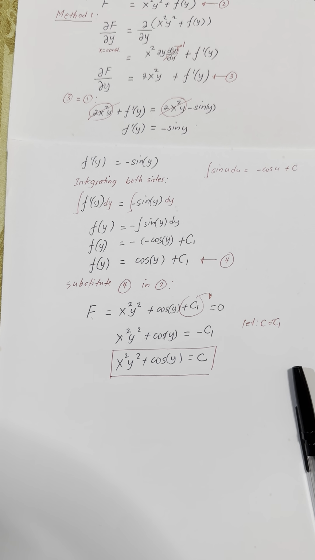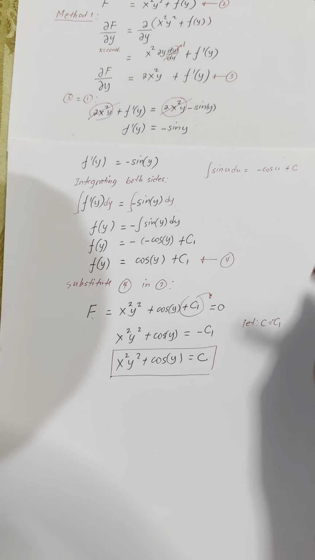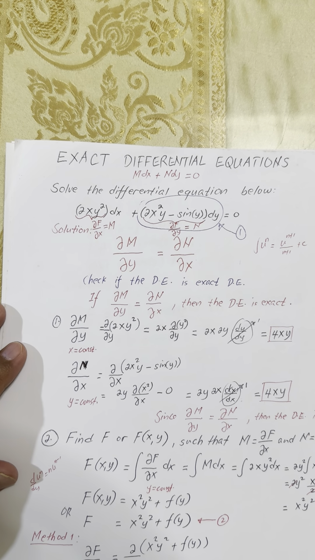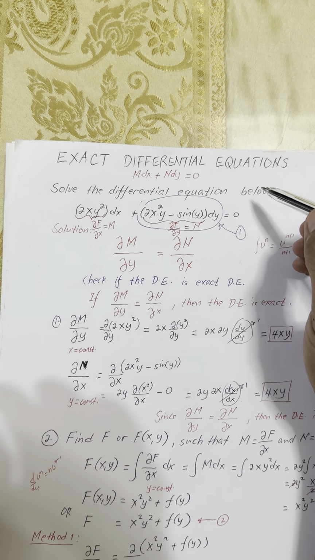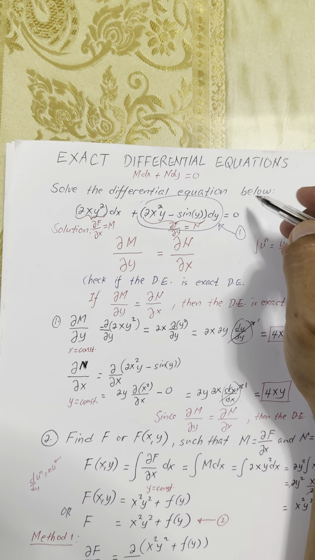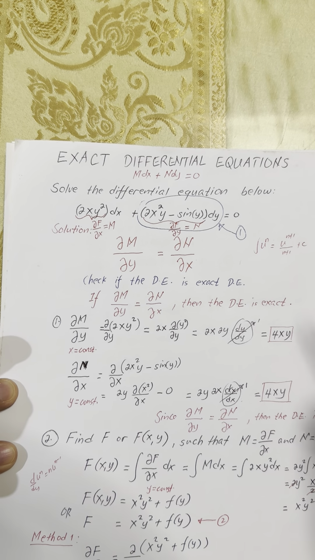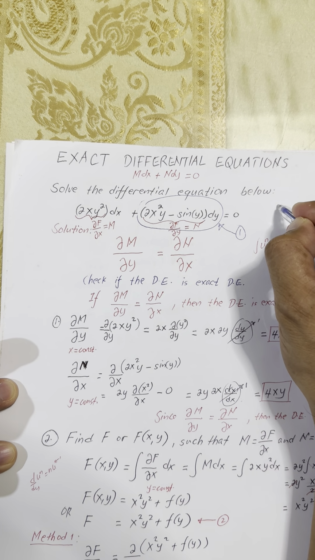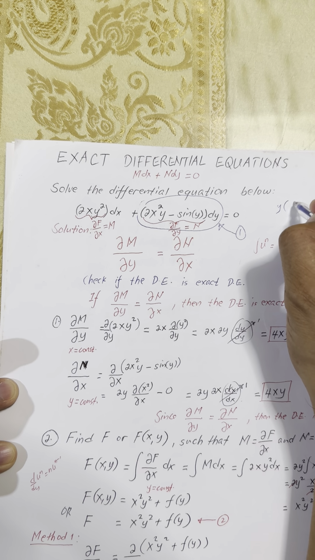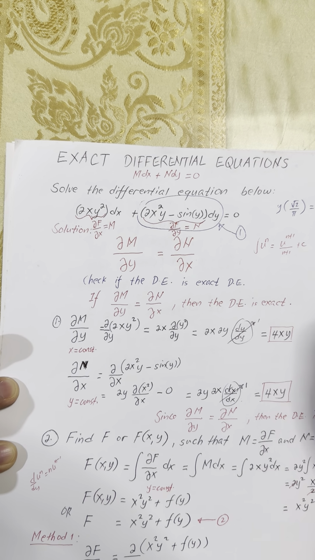Okay, now if for example the problem gives us an initial condition. Okay, so let's add something here. Assuming that the problem gives us initial conditions, say the initial condition is something like this: y of square root of 2 over pi equal to pi, something like that.